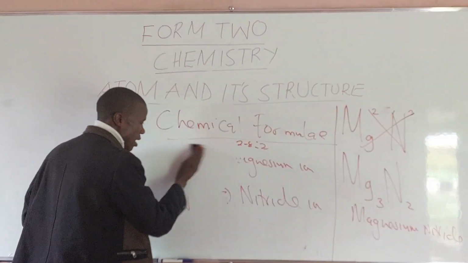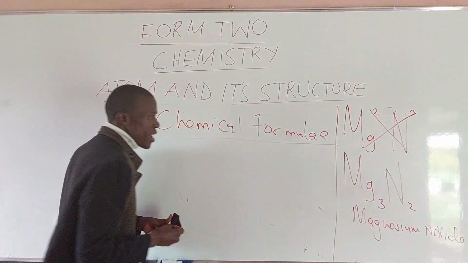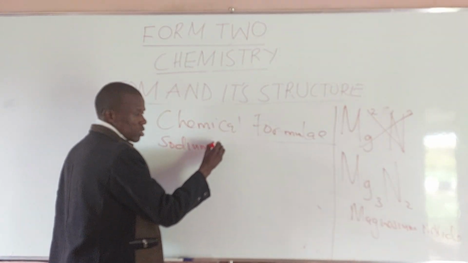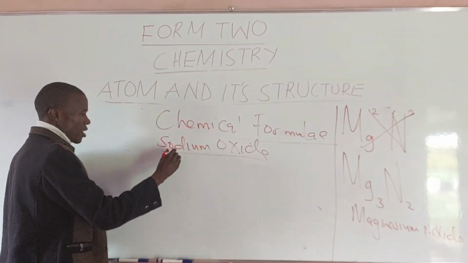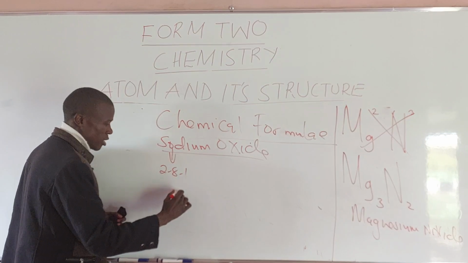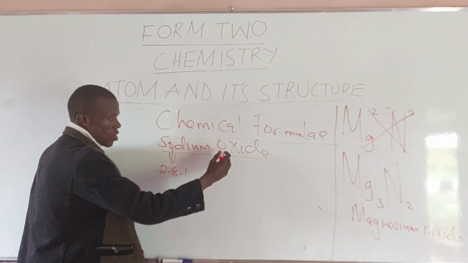Another example is coming here. Let's say we are talking about sodium oxide. Sodium has a configuration of 2:8:1. After forming ion, it becomes 2:8 with a positive charge.